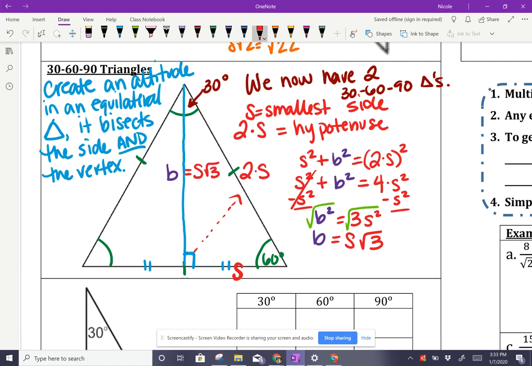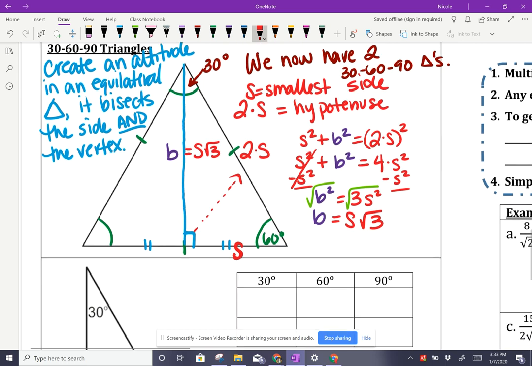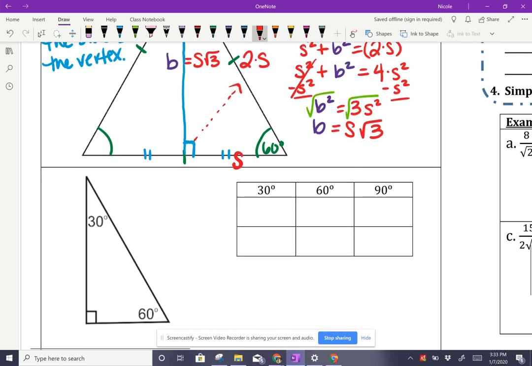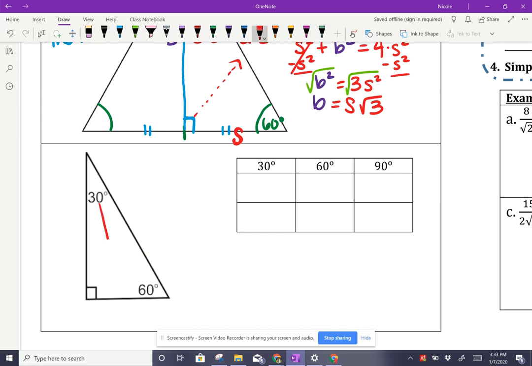So now I have a different phrase that I can utilize for my triangle. Across from my 30 degrees is always going to be my shortest side, so it's just S by itself.